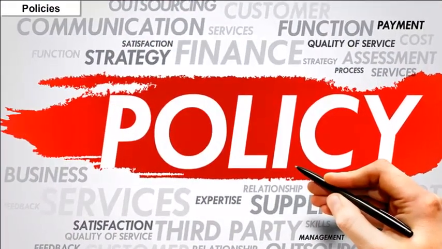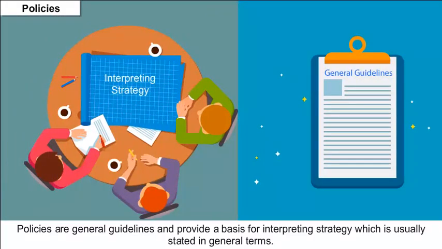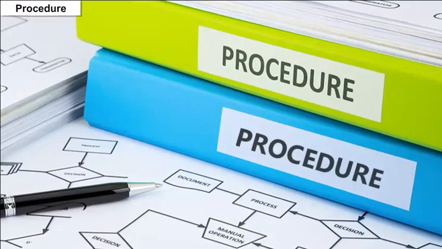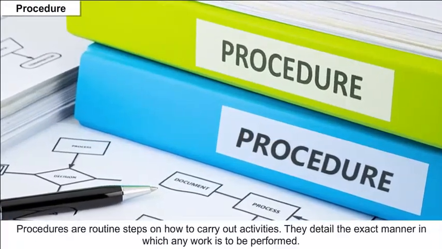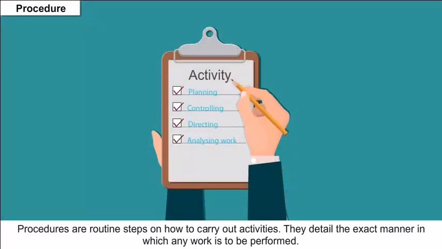Policies. Policies are general guidelines and provide a basis of interpreting strategy, which is usually stated in general terms. Procedure. Procedures are routine steps on how to carry out activities.